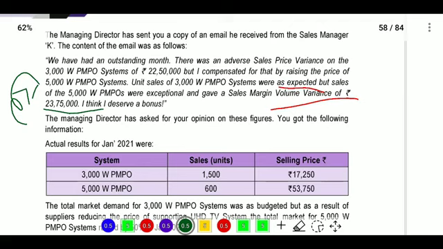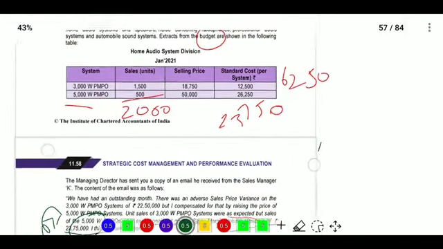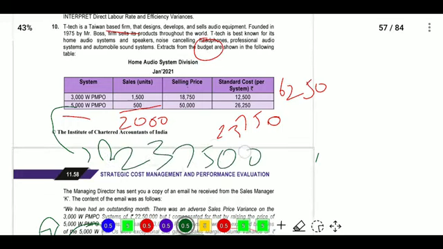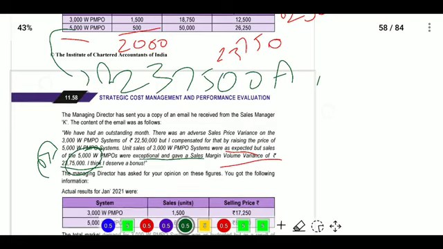It is related to the 5000 PMPO, so it is an adverse case, adverse unfavorable.